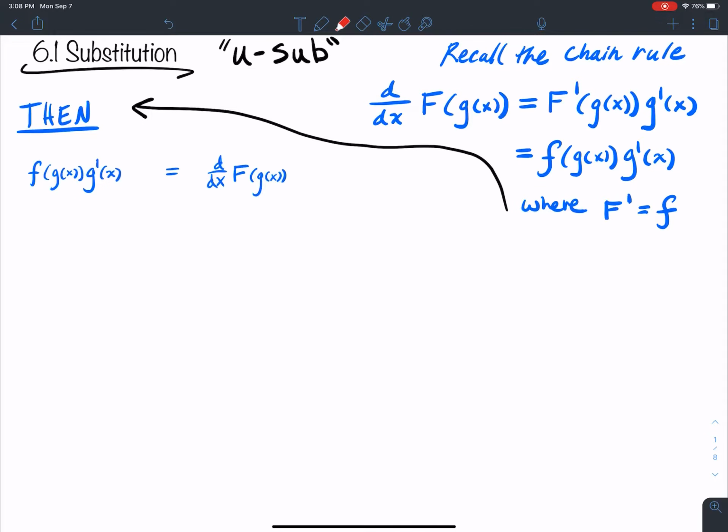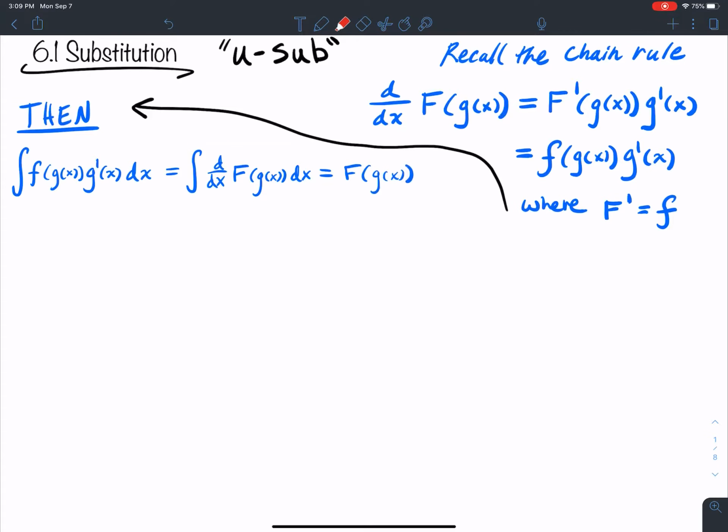So what does this tell me? The derivative of capital F composed of g of x is little f of g of x times g prime of x. So I'm going to integrate with respect to x on both sides. And when I do this, the derivative and the integral cancel each other out.